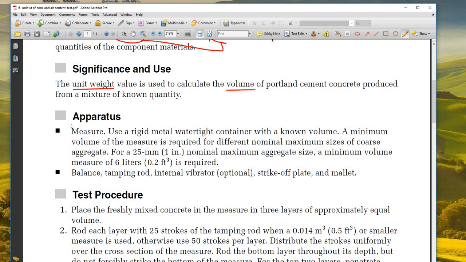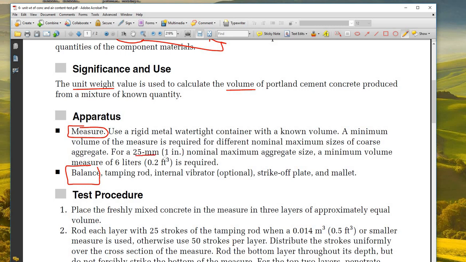Apparatus: we need several things, like the measure and a balance. They are the major important things here. The measure is a rigid metal watertight container with a known volume. A minimum volume of the measure is required for different nominal maximum sizes of coarse aggregate.